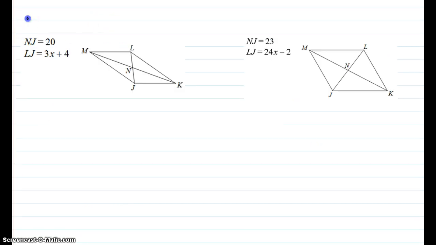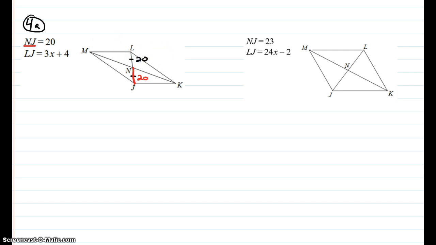Alright, the last problem we're looking at still is working on the idea that the diagonals bisect each other. And so now it says that NJ, from here to here, is 20. So as soon as you know that that's 20, you also know that the other piece here is 20.